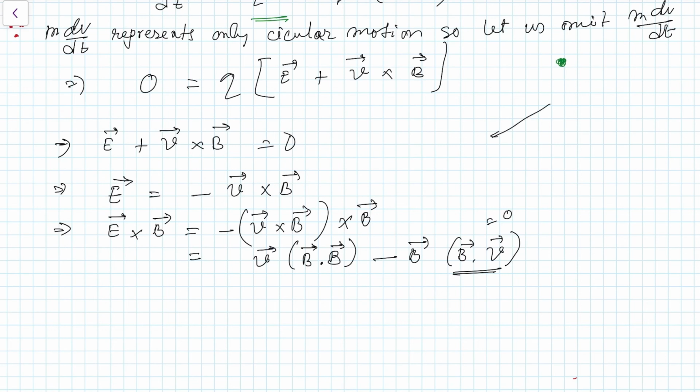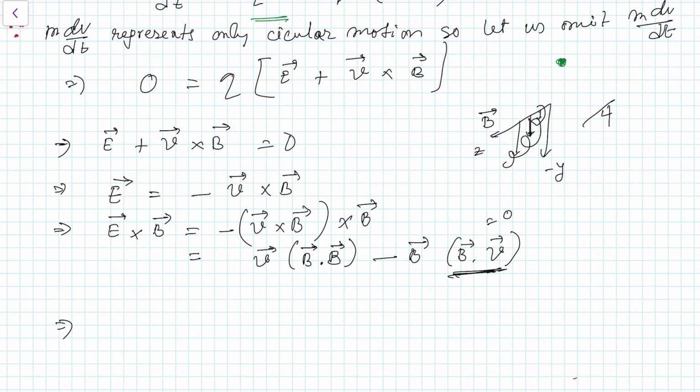Why? Let me explain. We have applied the magnetic field along the z-axis, and drifting of the guiding center is towards the negative y-axis, like this. So the direction of drifting is perpendicular to the magnetic field, so that's why this must be equal to 0.